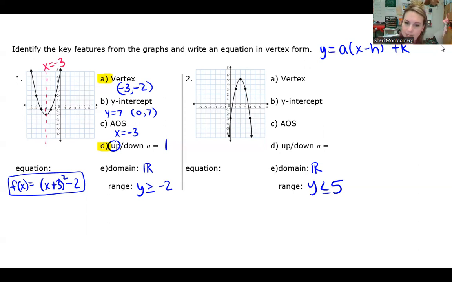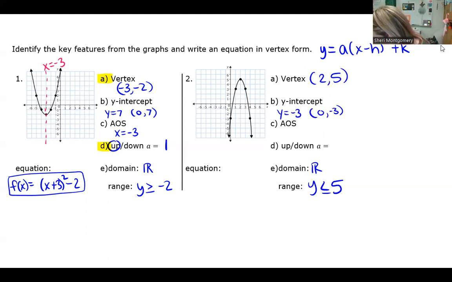All right, what is the vertex? (2, 5), good job. What is the y-intercept? -3. So y is equal to -3, and we could also list it as a point, (0, -3). The reason I keep listing it two different ways is you don't know how you're going to see it.